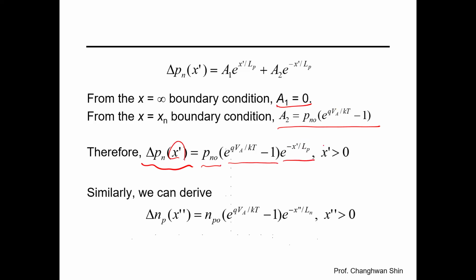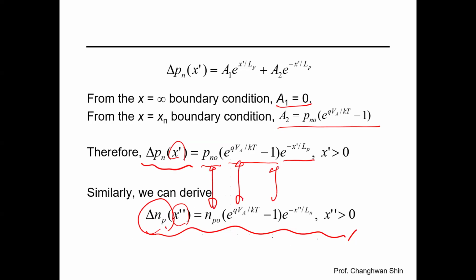Similarly, for electrons in the p-type quasi-neutral region, you can derive the excess electron concentration as a function of x2'. You may notice the similarity between those two equations.